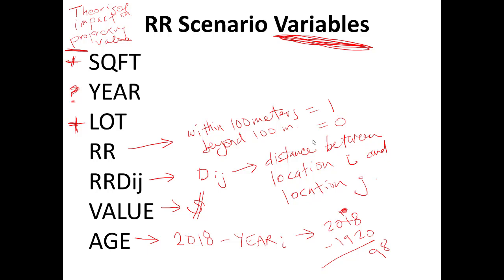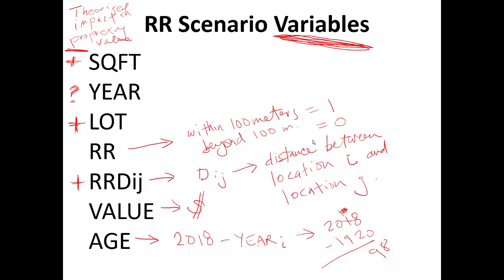So for the distance, though, generally, if what the homeowners claim is true, that noise from the railroad lowers your property value, then the further away you are from the railroad, as this number here gets bigger, we would expect the house to be worth more money.